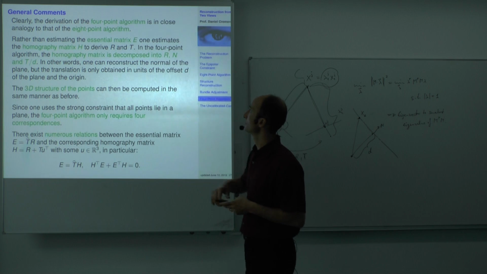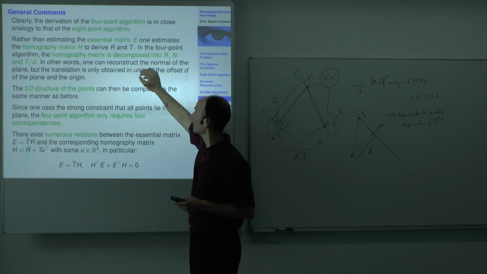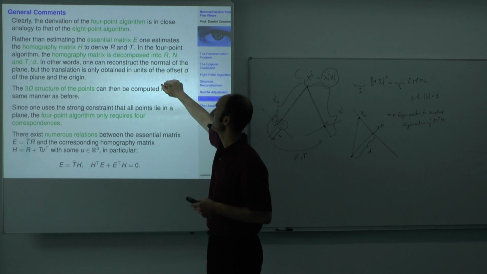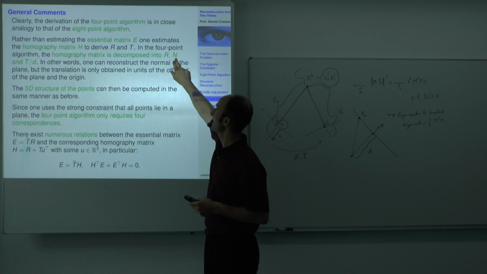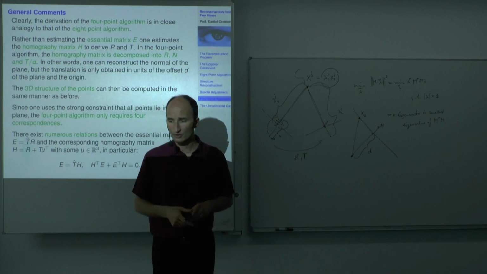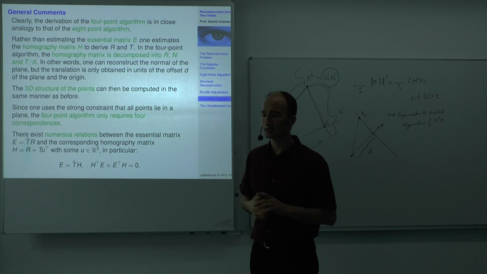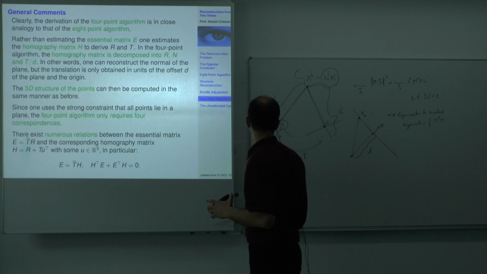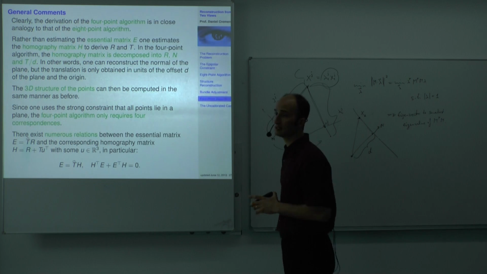And then the homography matrix can be decomposed. I'm not going to go into detail, but there are ways to decompose it into rotation, this plane normal, and T over D. So we cannot estimate the translation in general, but only in units of that length D here.